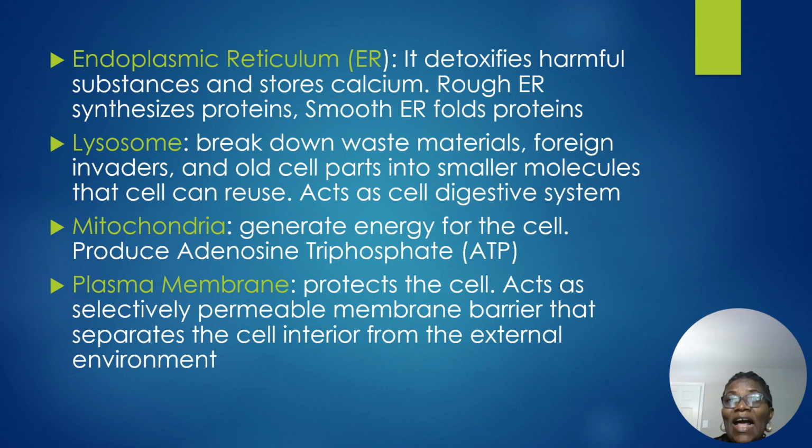That is, when we say selective, it allows some substances to pass from the immediate environment of the cell into the internal environment of the cell, and also allows some things to leave the internal environment to the outside, those that are necessary.